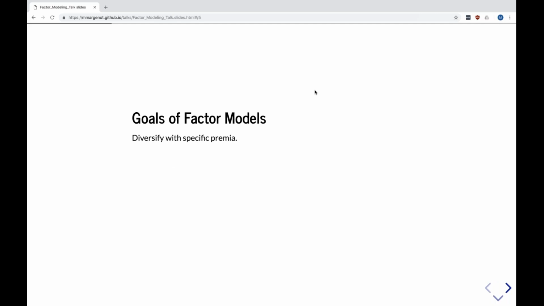So what is the goal of having a factor model, right? I've talked a little bit about alpha, I've talked a little bit about risk, and I've talked a little bit about people generally handling these in some way or another. But whenever we think about returns, no matter where our returns are coming from, they are in some way associated with risk.